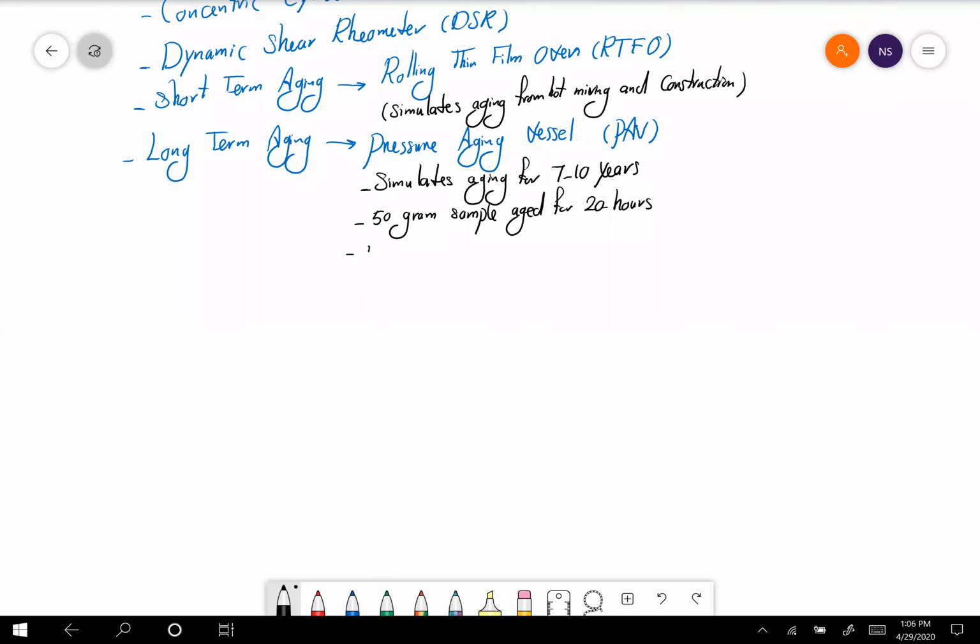The pressure is about 2000 kilopascal, which is around 300 psi. And we do this at different temperatures: 90 degrees, 100 degrees, and 110 degrees. These are all degrees Celsius.